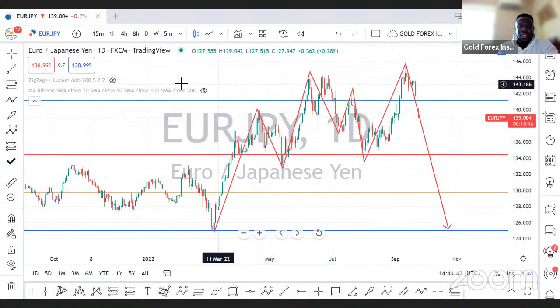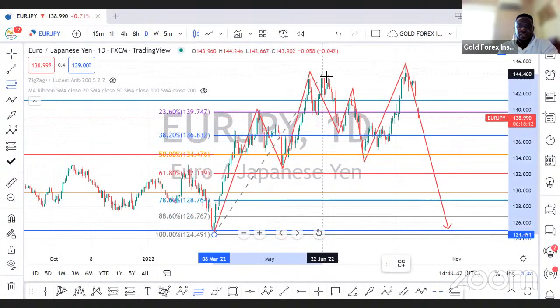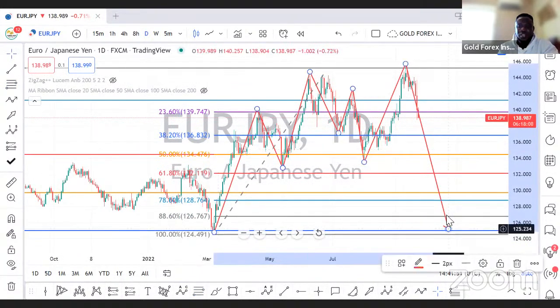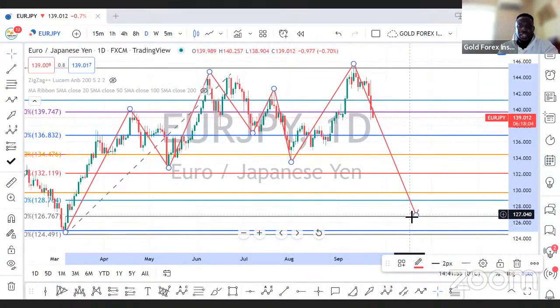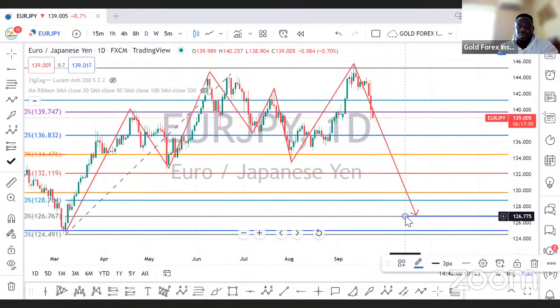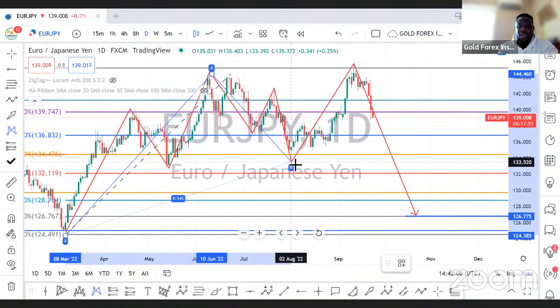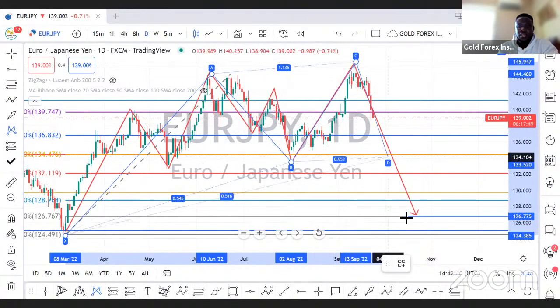So what's happening is that once you have this at 50, then that means that we are going to 88.6. So I'm looking for Euro Yen to sell all the way to this level, okay, to 88.6 to form a harmonic pattern like this. Breaking market structure, retest, and bam.